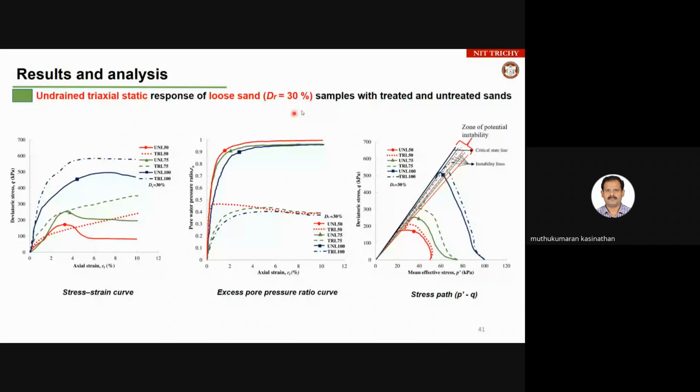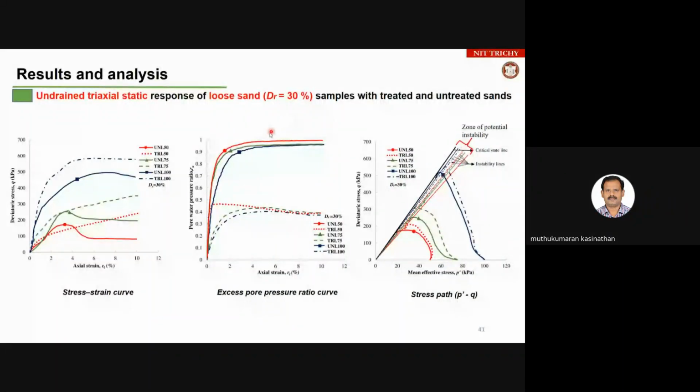Pore pressure on your sample. So we did relative density 30, which resembles the sample as more void space, meaning a loose state, under saturated condition. With a relative density of 30, even a small magnitude of earthquake, the soil is supposed to liquefy. That is a basic concept.